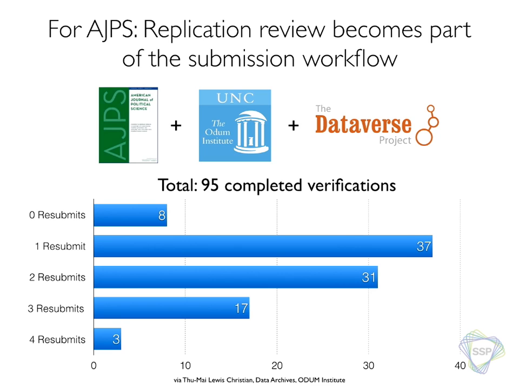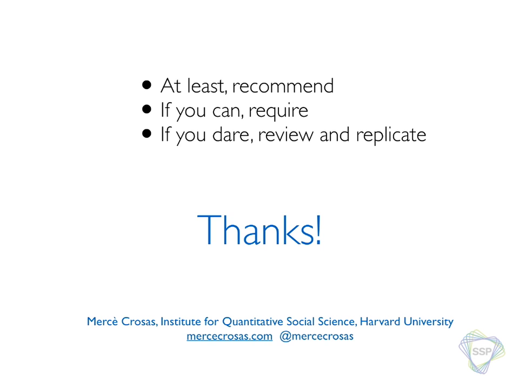But there is a benefit at the end: you have an article with data and code, and you know that the results provided in the article have been verified. So I will end with that. In terms of data policies for journals, what I usually say is to at least recommend data sharing policies, and require data to be shared if you can.